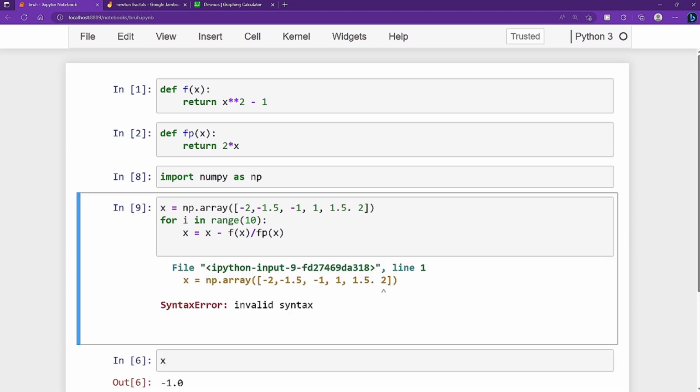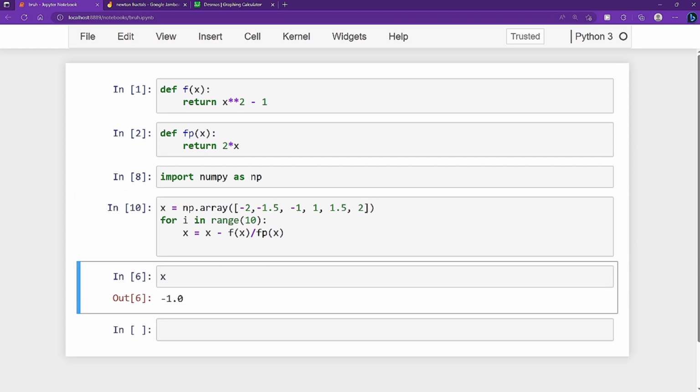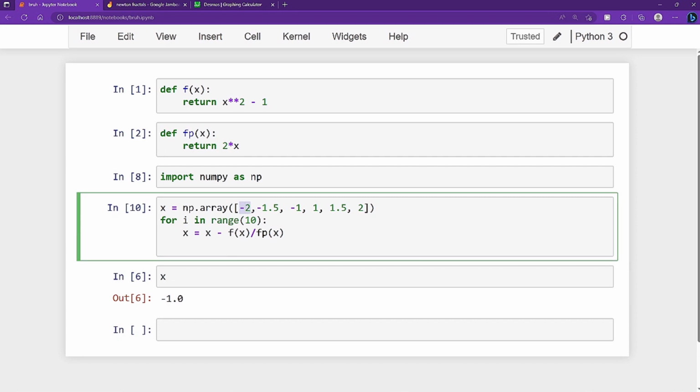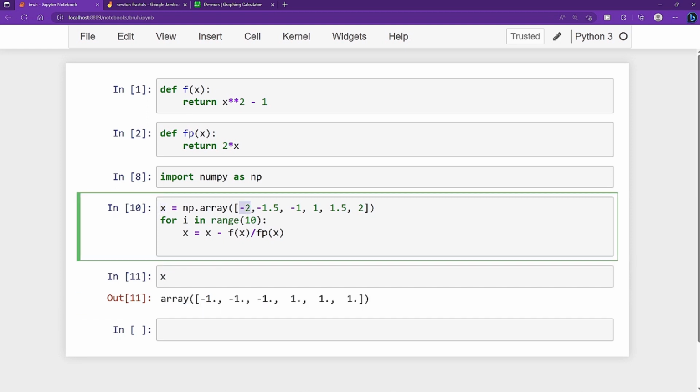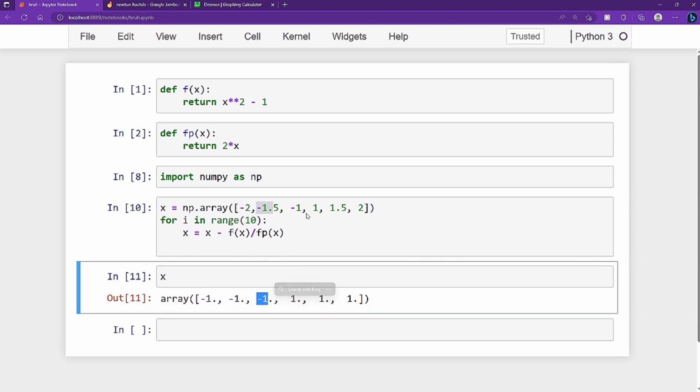If we do this, it'll also work, and Newton's method will basically run for each of these values, and it'll update their own specific value in that location. So if I see x now, minus 2 converges to minus 1, minus 1.5 converges to minus 1, so on and so forth, and positive 1 converges to positive 1, and 1.5 converges to 1.